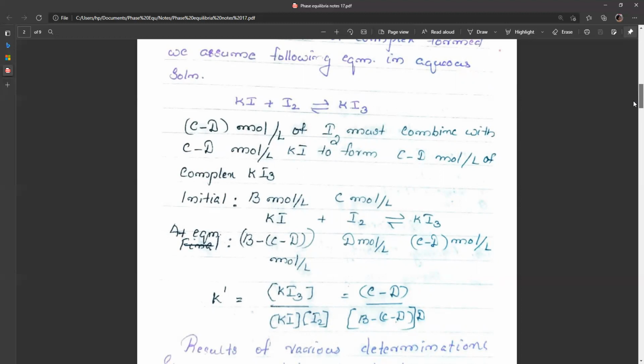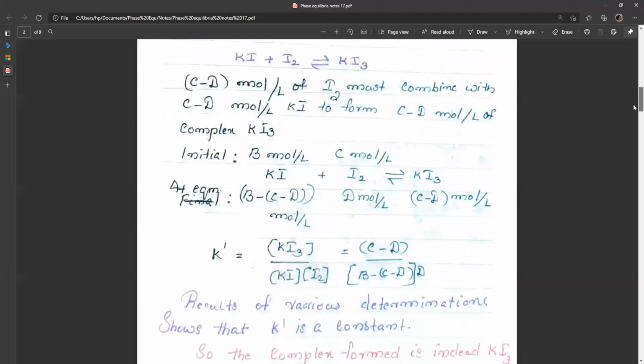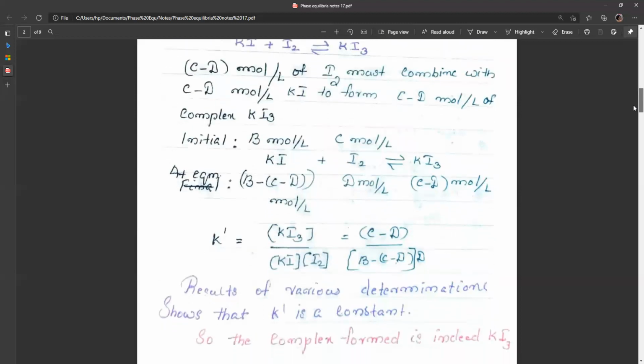K dash of this equilibrium is equal to the concentration of KI3 divided by the concentration of KI into the concentration of I2, that is (C minus D) divided by (B minus (C minus D)) into D.